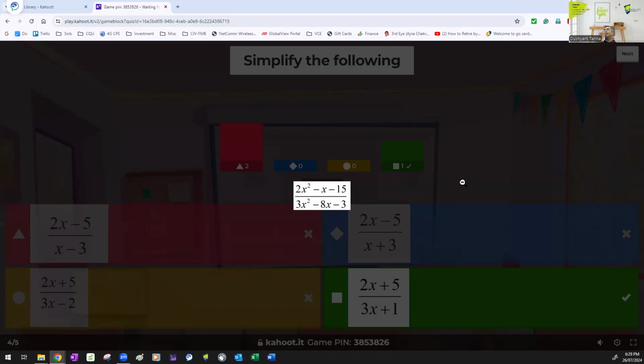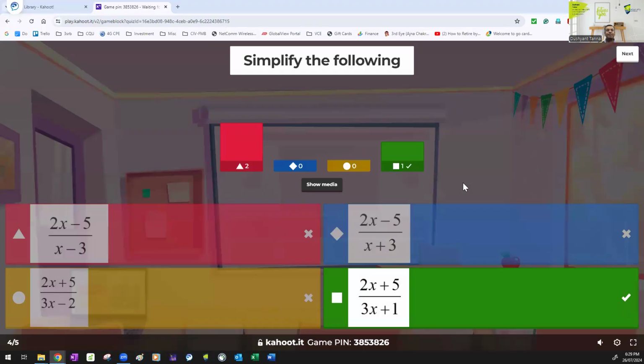One of the factors is 2x plus 5, whereas the other is x minus 3 for the top. So the only choice was one of the bottom two, and since x minus 3 would cancel, whatever's down the bottom couldn't be a negative or something minus something. So green.